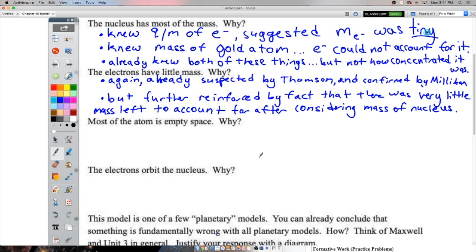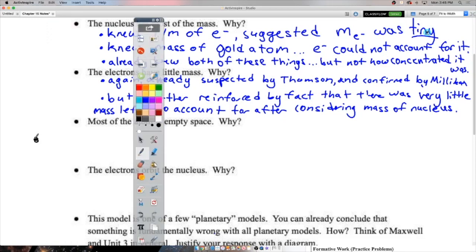Okay, so most of the atom is empty space. Why? Well, we now know that the nucleus is tiny, very concentrated, right? And yet there's enough room for all of these alpha particles to go by. So these nuclei can't be packed in right next to each other, or how does the alpha particle get by, right? If the gold foil looks like this, if these are all nuclei, how is an alpha particle supposed to get through?